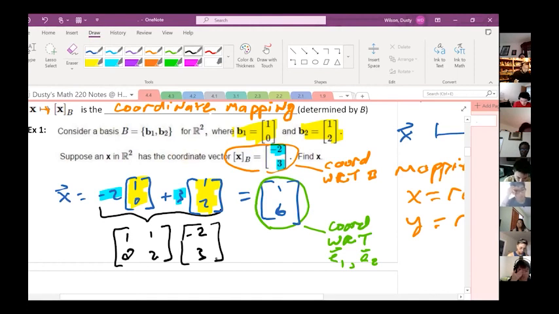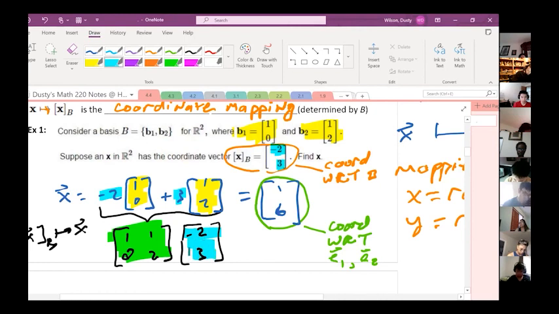And so this matrix lets you go from the x_b world back to the x world. You started with your x_b here, and our output was the x.